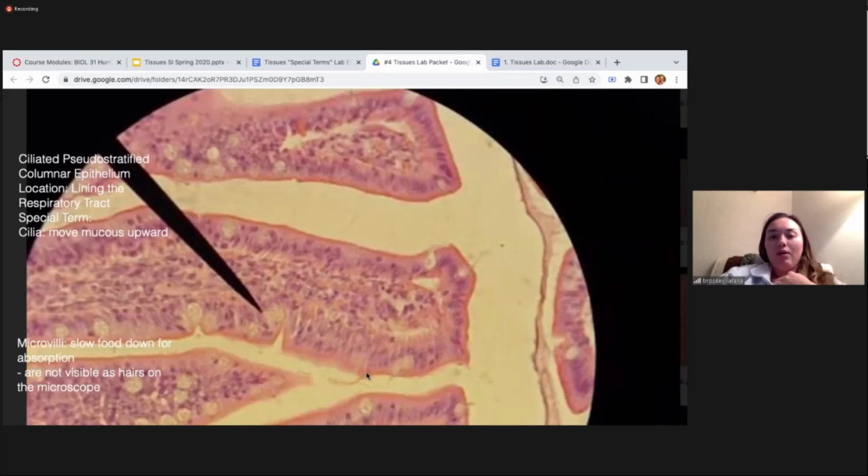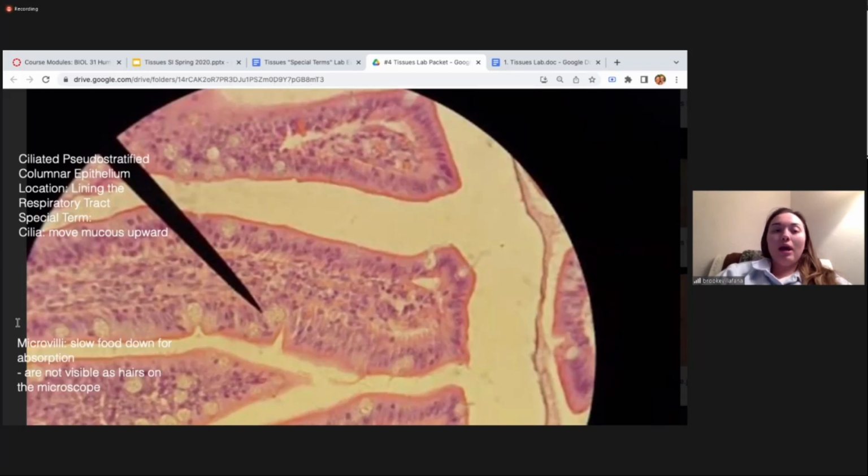There are no hairs, so we wouldn't count this little weird thing as a hair. So how do you tell the difference between ciliated pseudostratified columnar epithelium and simple columnar epithelium? The number one way is to look for the hairs. If you see hairs, it's ciliated pseudostratified columnar epithelium. If you don't see hairs, it's likely to be simple columnar, okay?